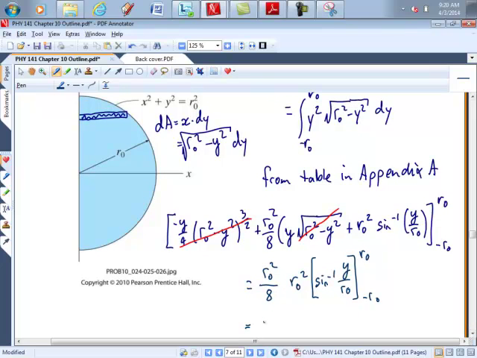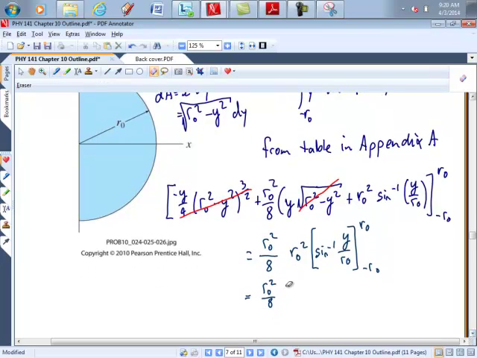So that's going to be RO squared over 8, so RO to the 4 over 8.